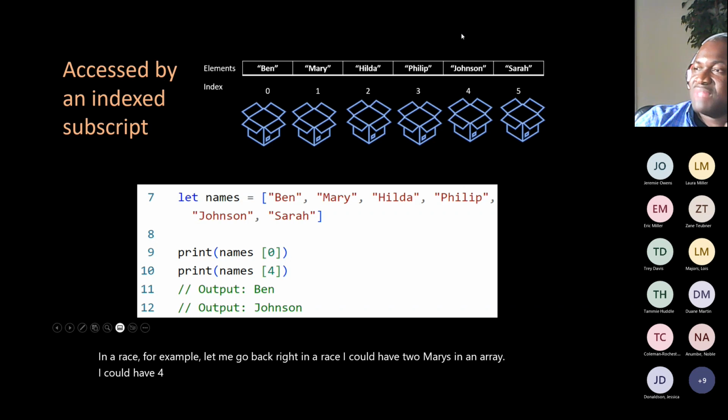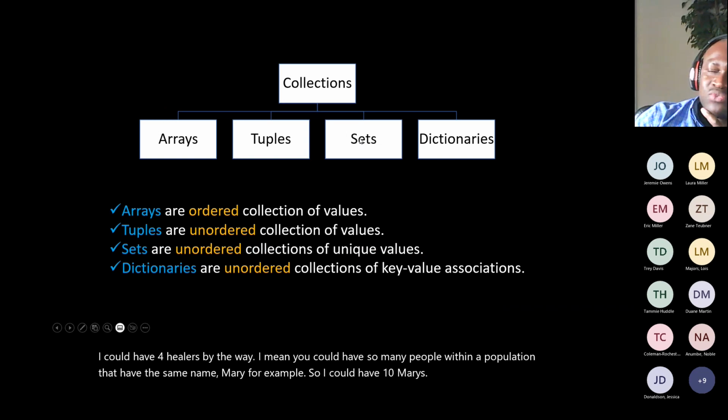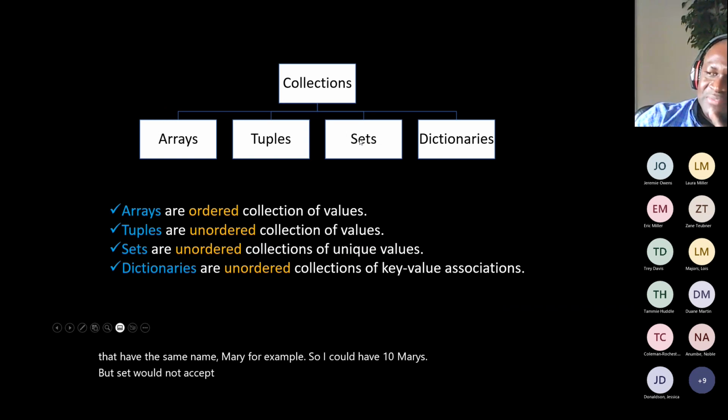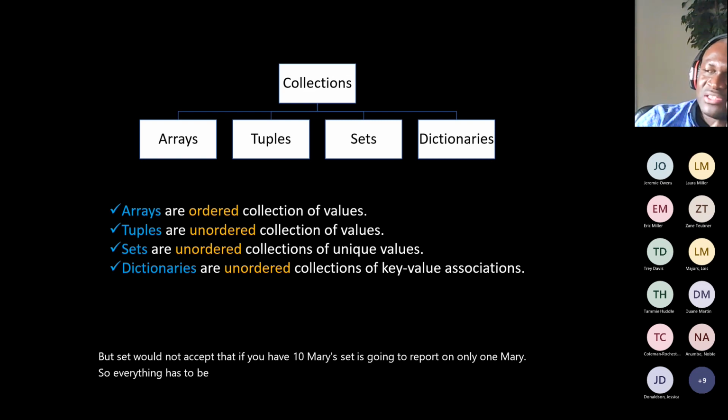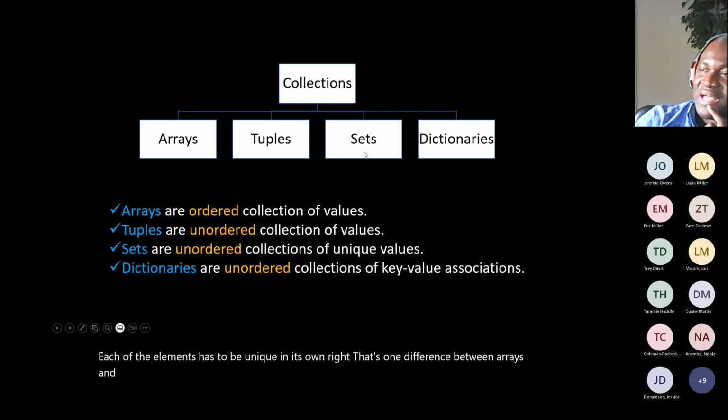By the way, you could have so many people within a population that have the same name, Mary, for example. So I could have 10 Marys. But a set would not accept that. If you have 10 Marys, a set is going to report only 1 Mary. So everything has to be unique. Each of the elements has to be unique in its own right. That's one difference between arrays and sets. Else, both of them are literally the same. They have the same characteristics.